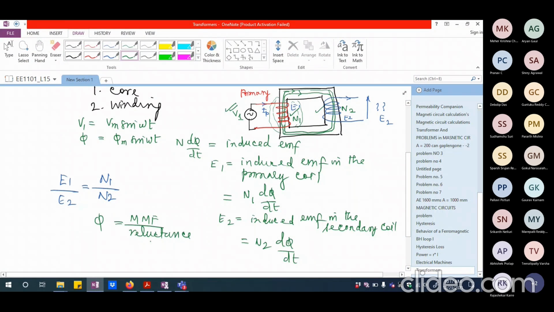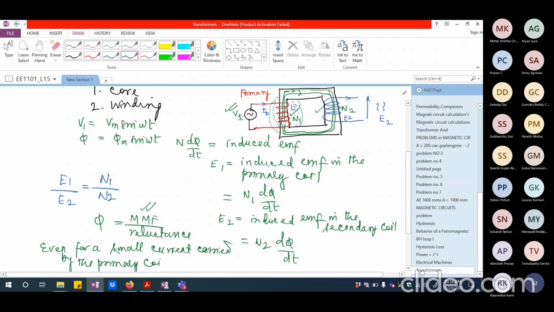The reluctance is generally very small for a ferromagnetic material. So even for a very small MMF, a small current carried by the primary coil, I am going to have a large flux established.